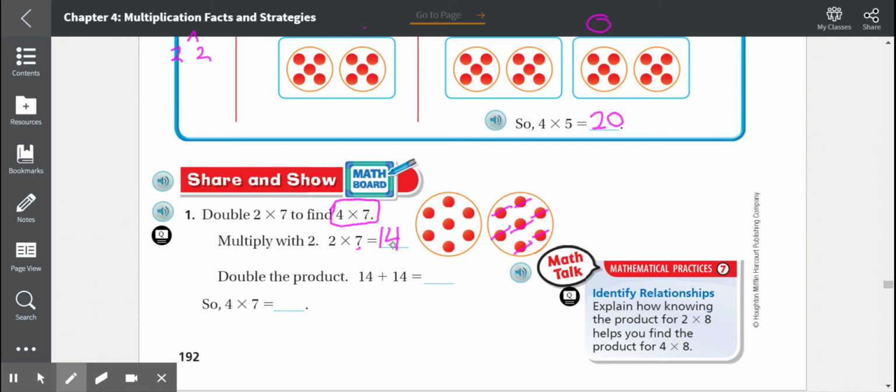And then we can double 14 to get our answer. 14 plus 14. Well, 4 plus 4 is 8, and 1 plus 1 is 2. So we know that 4 times 7 is 28. Okay. So the pattern here is that when you're multiplying by 4, multiply by 2 first, and then double your answer.